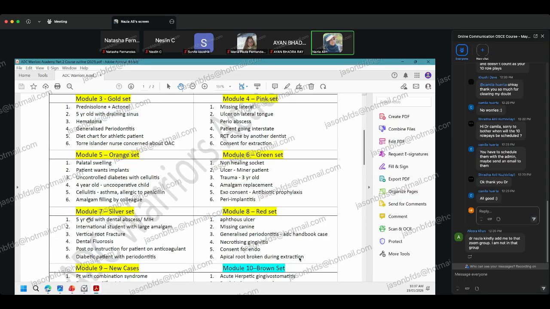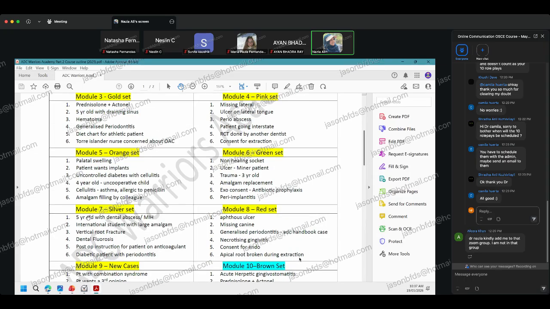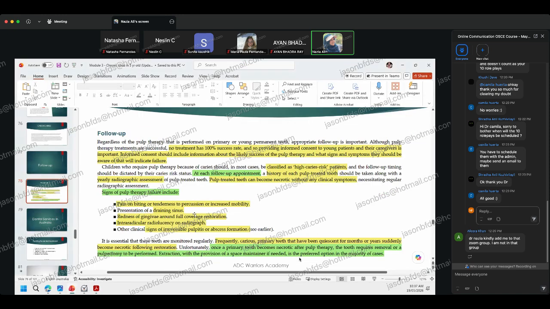And yet in the silver set that we will do later, it's an acute infection where it may be possible, even though with abscess, better to remove it, but sometimes it can still be possible in acute cases to save it, but in chronic, there's no hope. So they do the reverse psychology. Where you need to save it, they say remove it.